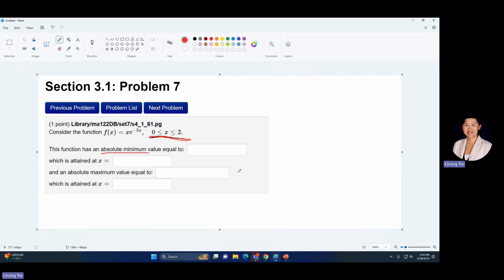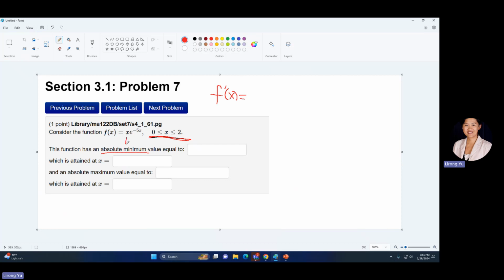All right, in order to find the minimum or maximum, the number one thing is to find a critical point. We have to find the derivative. To find the derivative, we follow the product rule.